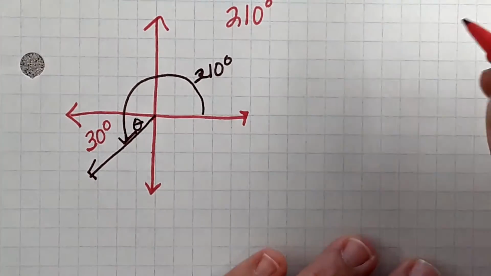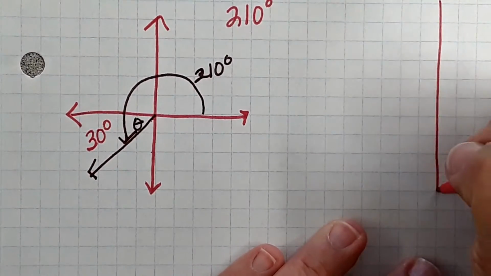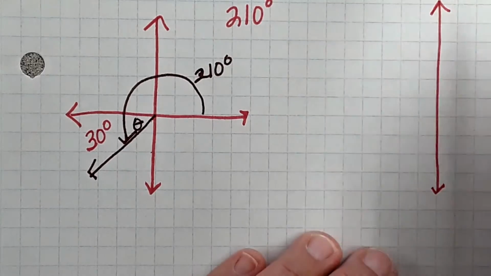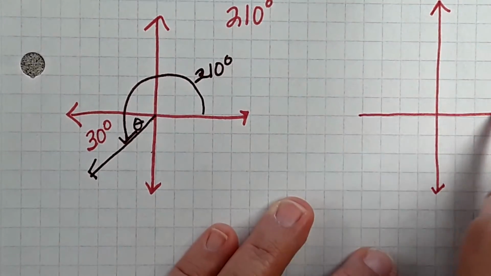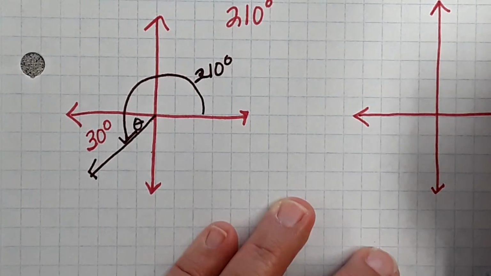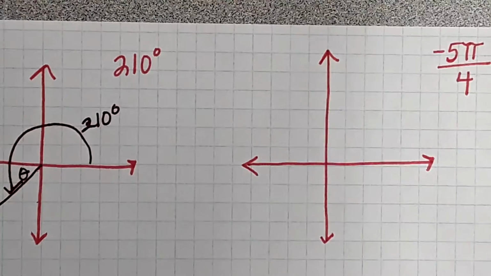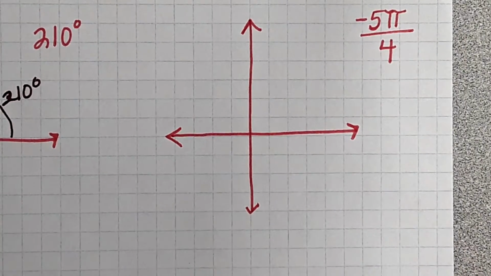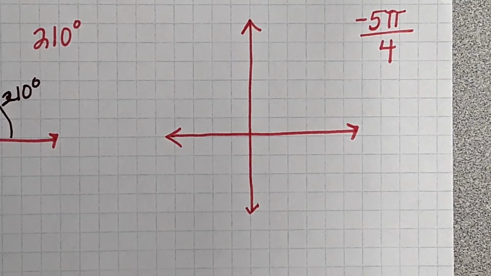Now, let's do another one here. Now we're gonna do a clockwise one. Okay, let's do this one. Now there's two things about this one.